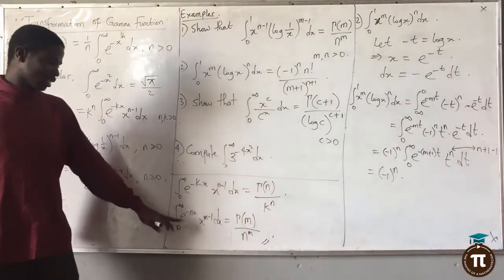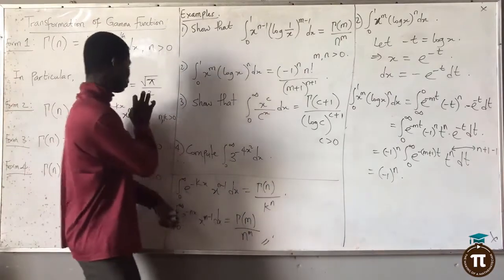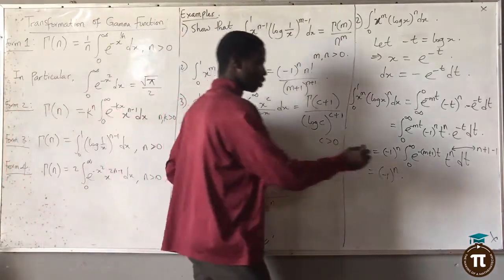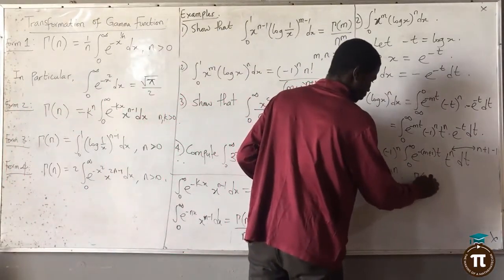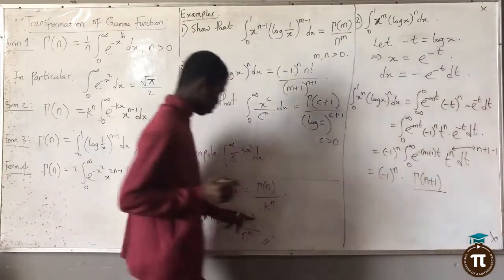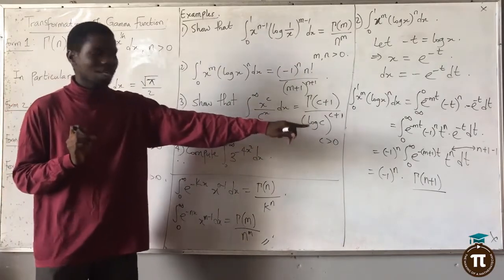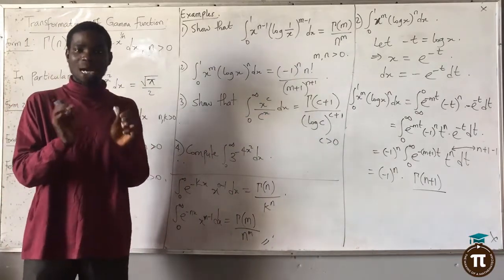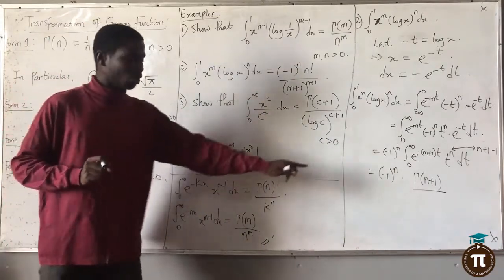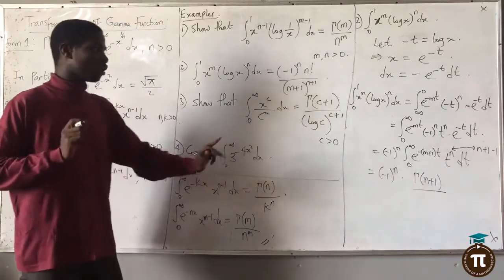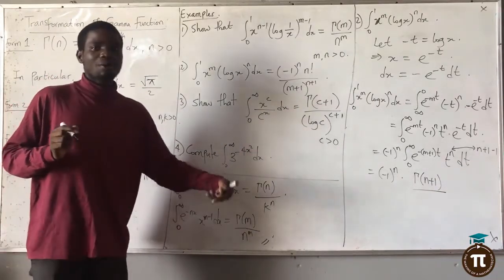So this one will now be equal to gamma of n plus 1, because it is gamma of n when you have n minus 1. So when you have n, it is n plus 1 minus 1. So that is gamma of n plus 1 all over n raised to the power of n.